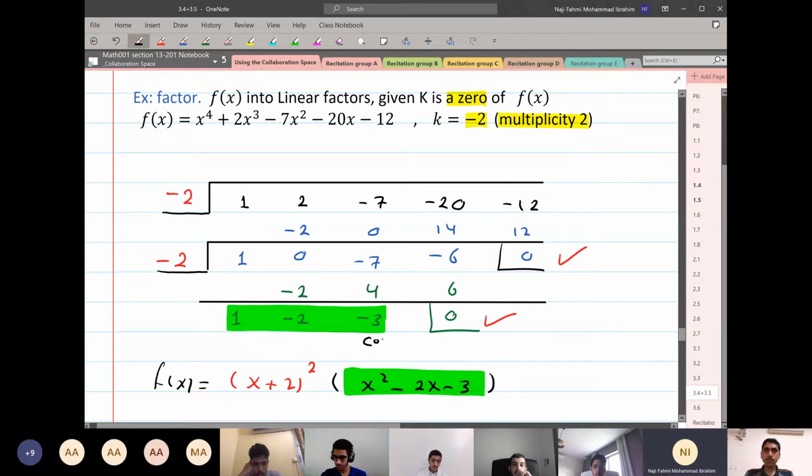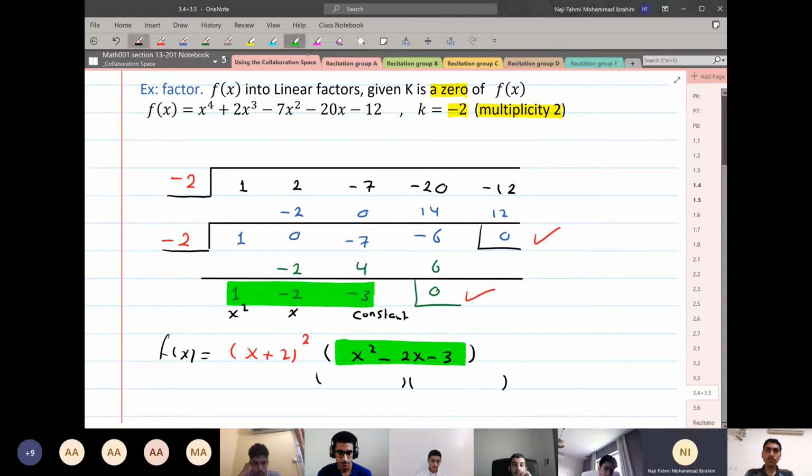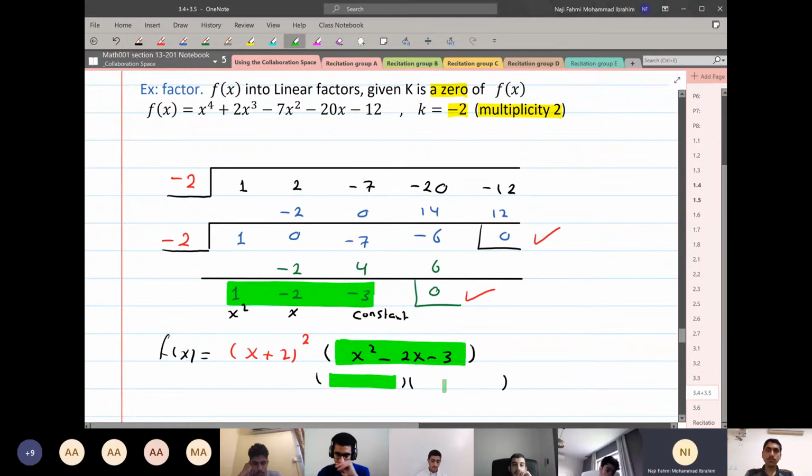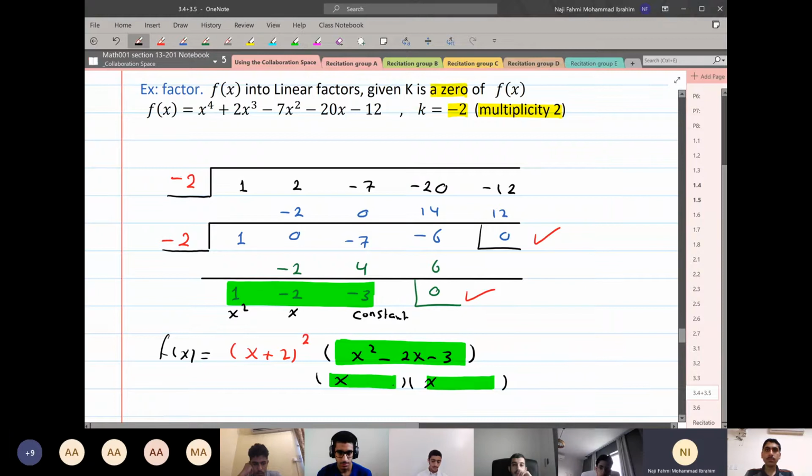Because -3 is the constant, -2 is the coefficient of x, and 1 is the coefficient of x squared. And of course, we can factor this green one more. X squared is x times x, and -3 we can say is -3 plus 1. So this is our polynomial in factored form.